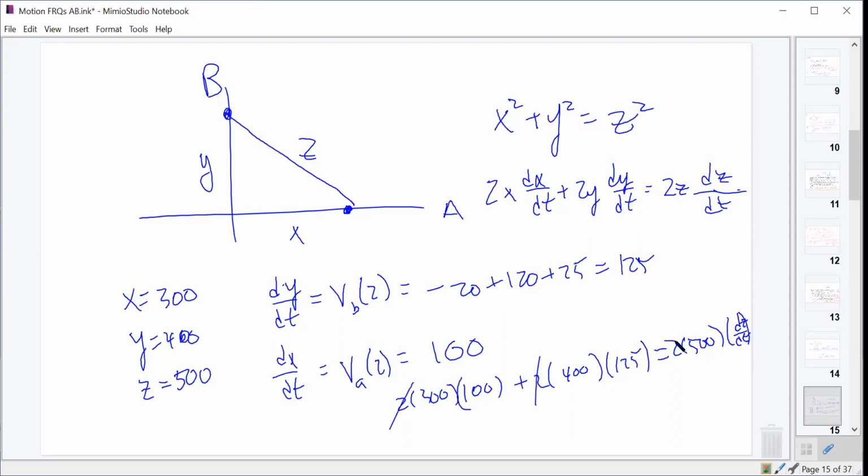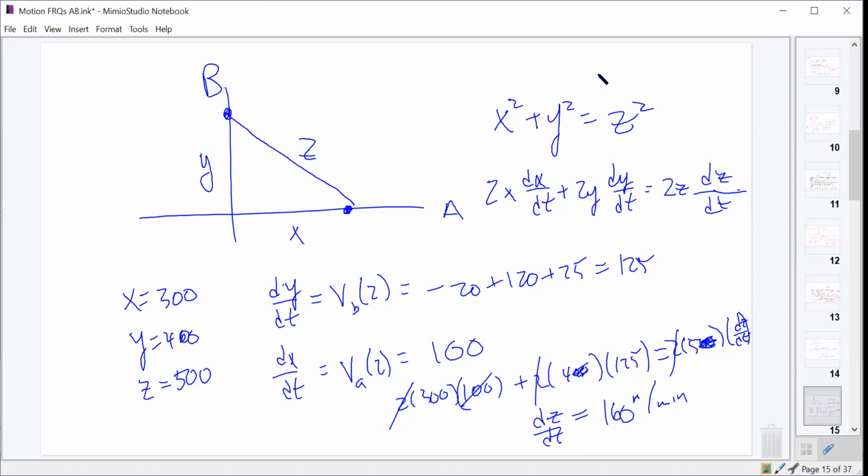Divide everything by 2 if we want, and divide everything by 100. That'll make our arithmetic a little bit easier here. We got 300 plus 500, so 800 divided by 5, which ought to be dz/dt equals 160 meters per minute.